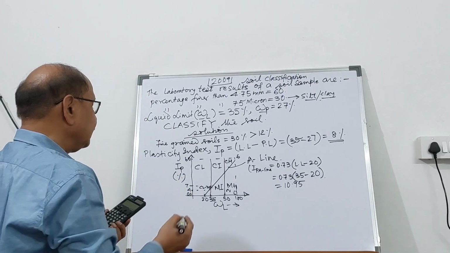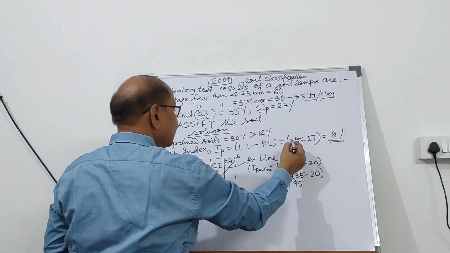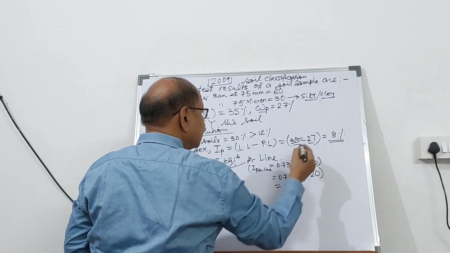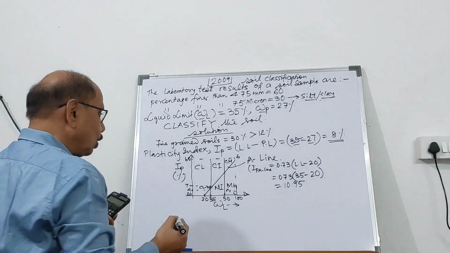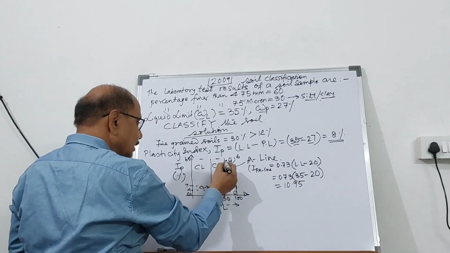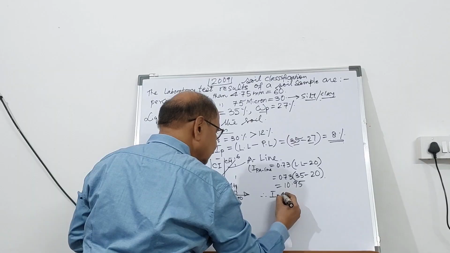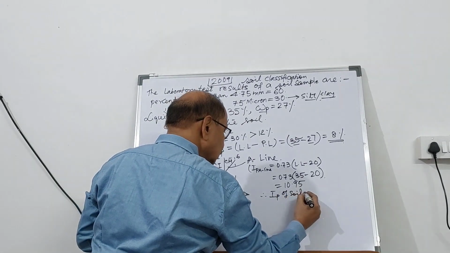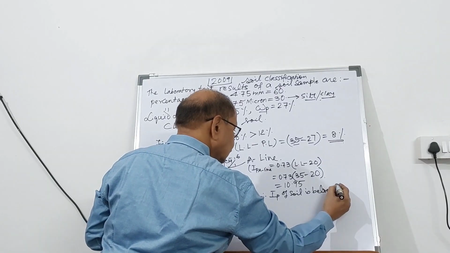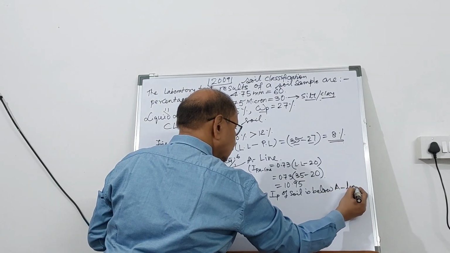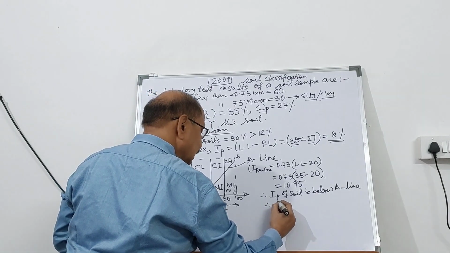And here, the IP of the soil mass based on the test is 35 minus 27, that is only 8%. So the point is below the A line. Therefore, the IP of the soil is below the A line, and therefore it is going to be silt, you know it.